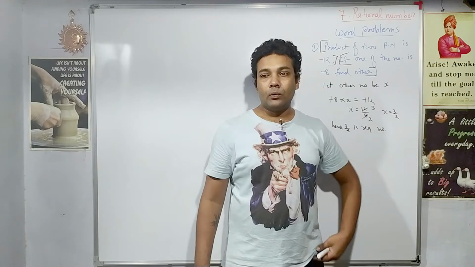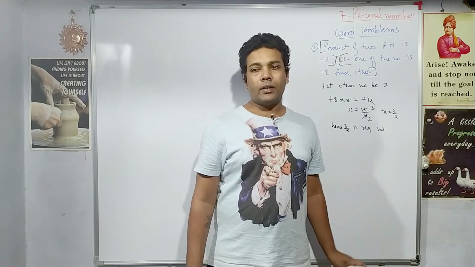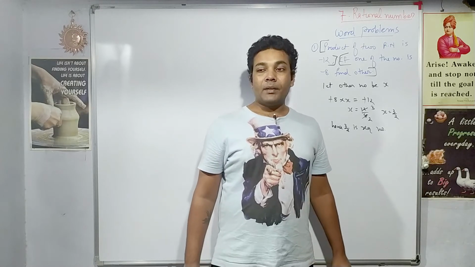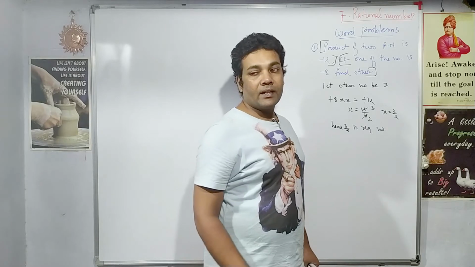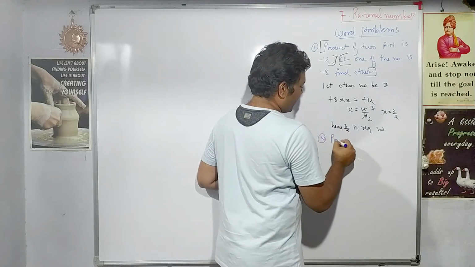Next, question number 2. Divide the sum of 3 by 8. This sum we have already done in the previous class. Then next we have: the perimeter of an isosceles triangle is 10 integer 3 by 4 centimeter.